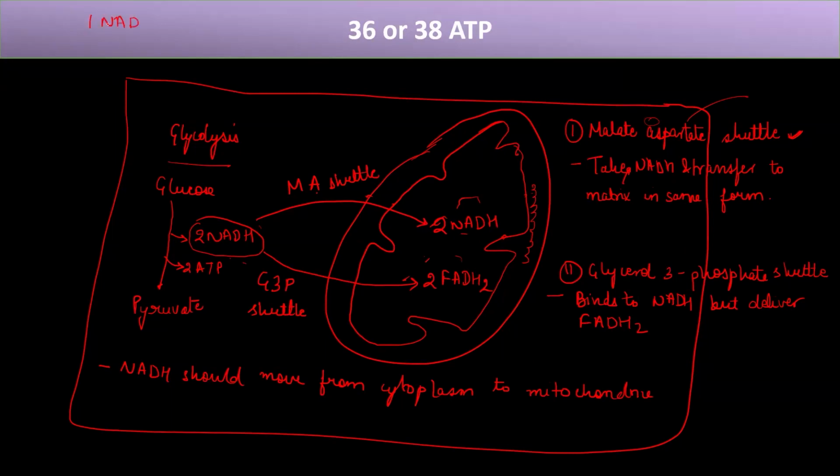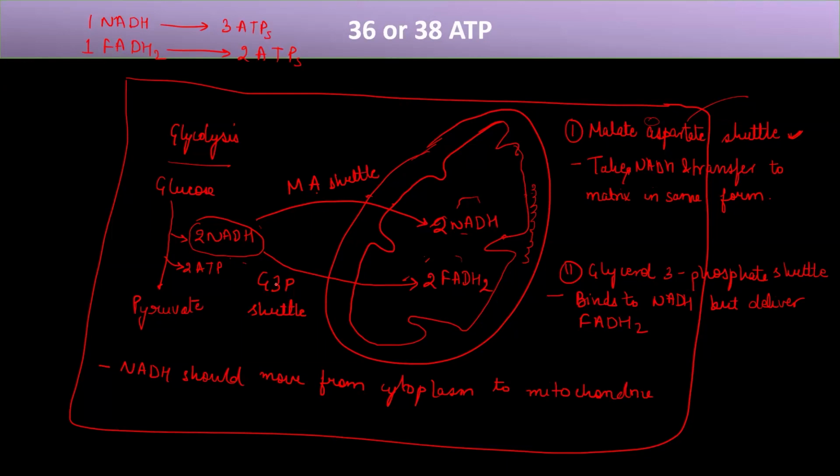We will prove this in today's lecture. But in the last class also, I told that from one NADH, 3 ATPs can be formed. And from one FADH2, how many ATPs can be formed? It's 2 ATPs.